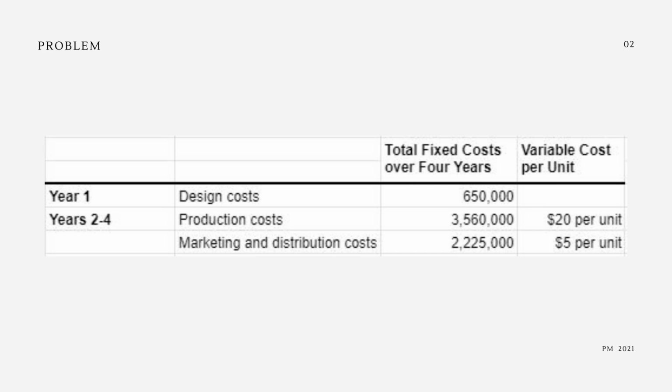For marketing and distribution costs, we have $2,225,000 fixed cost and $5 per unit of variable cost. Here, it is stated that the fixed costs allocated are for 4 years already. The problem lastly states that for simplicity, we are going to ignore the time value of money.